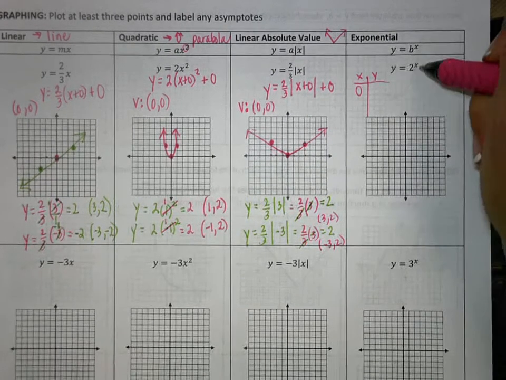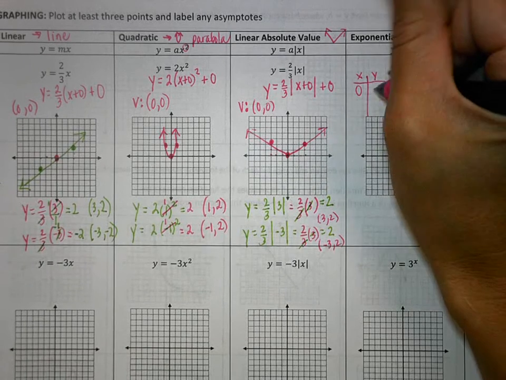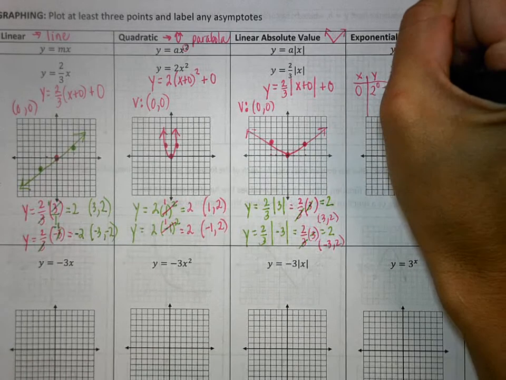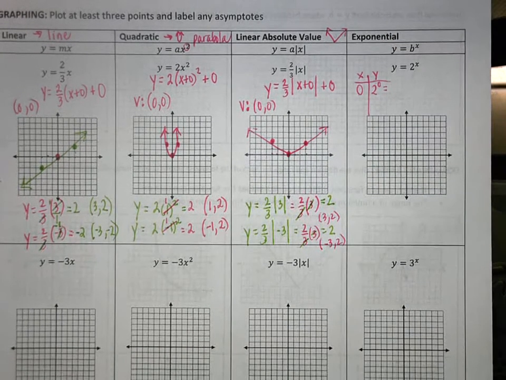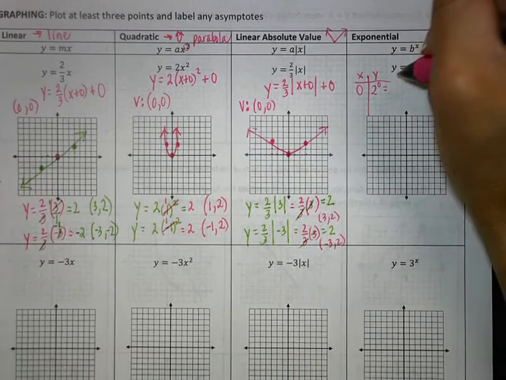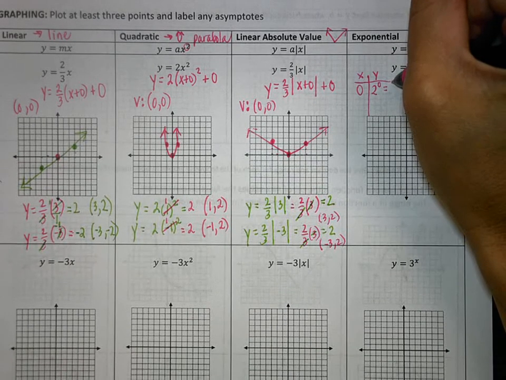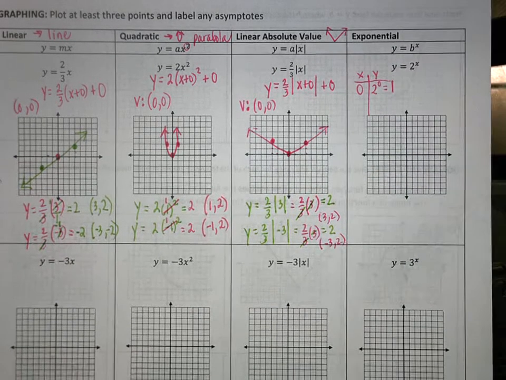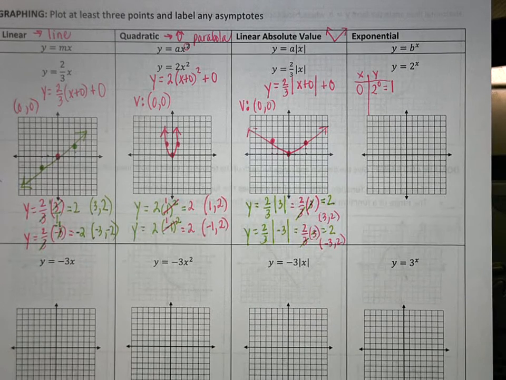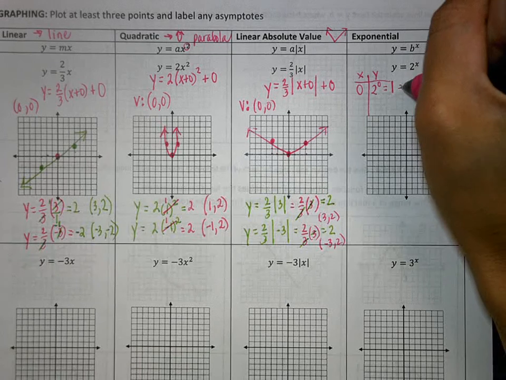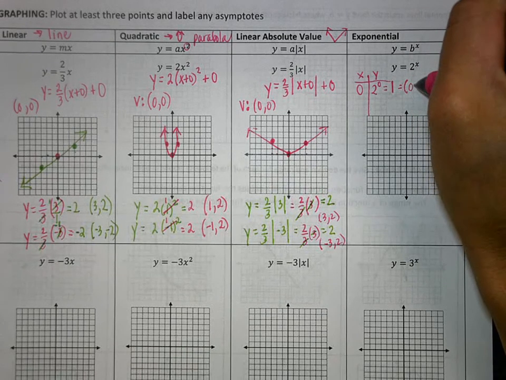And so when I plug in 0 for x, 2 to the 0 power equals what? Half of you said it correct, half of you not. Okay, so 2 to the 0 power is 1. Anything to the 0 power is 1. So as an ordered pair, this is 0, 1.